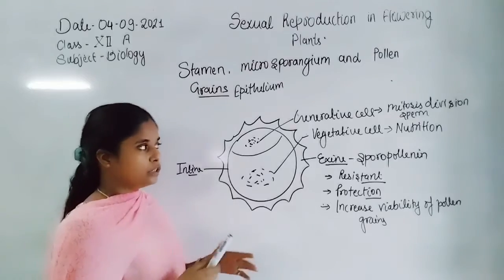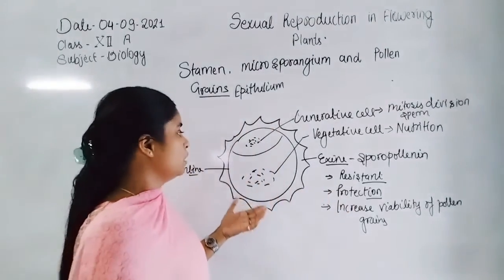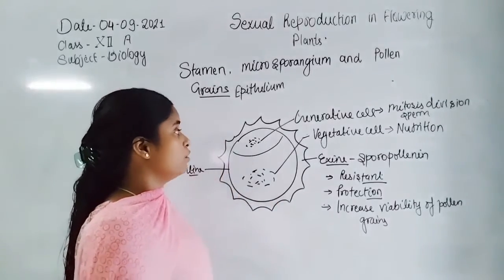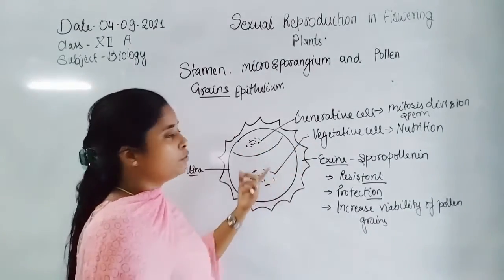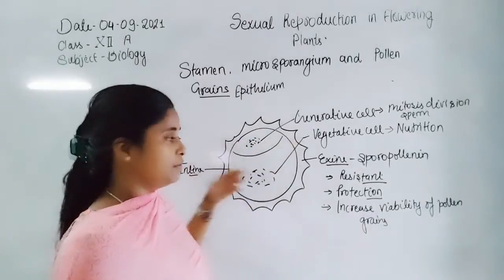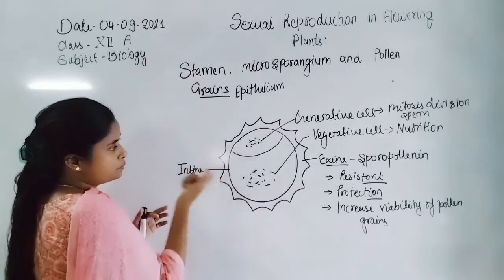So meiosis does not occur again, because it was already done during the formation of microspores. The generative cell undergoes mitosis, while the vegetative cell only provides nutrition. So they form the two sperm.